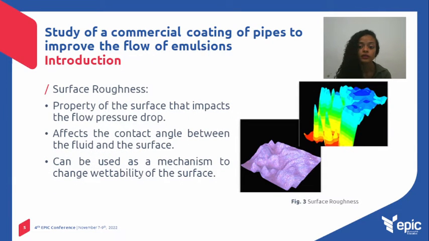Another important property for this analysis is the effect of roughness on the flow. Rough pipes tend to present a high value for the pressure drop due to the drag of the fluid on the surface. It also has a relationship with contact angle and can be used as a mechanism to change surface wettability.